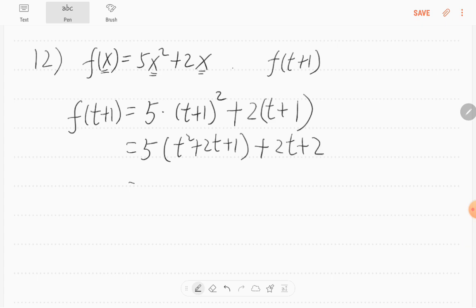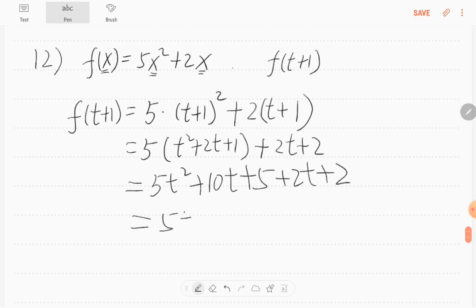We expand it: 5t squared plus 10t plus 5 plus 2t plus 2. So it's equal to 5t squared plus 12t plus 7. So this is your answer.